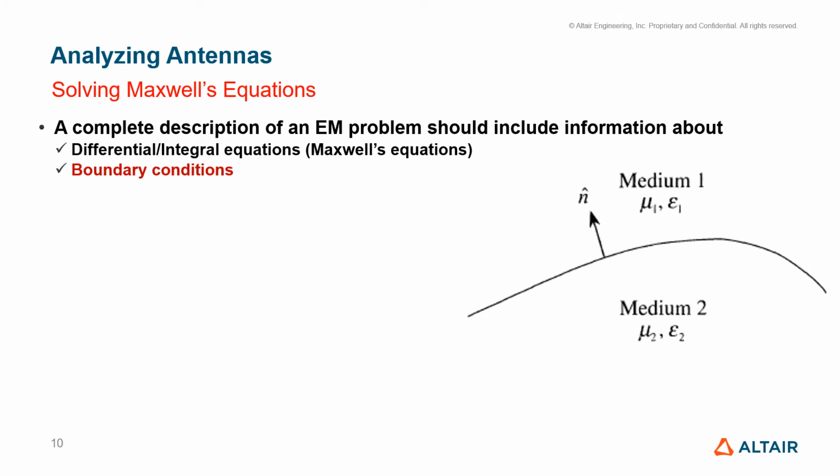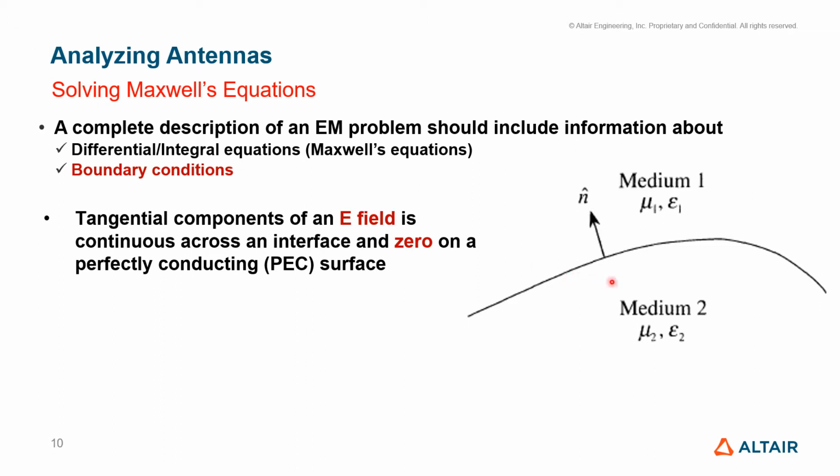So the complete description of the electromagnetic problem will include information about the equations and, more importantly, the boundary conditions. That is, the tangential component of the E field is continuous across the interface and is zero on the perfectly conducting PEC surface.